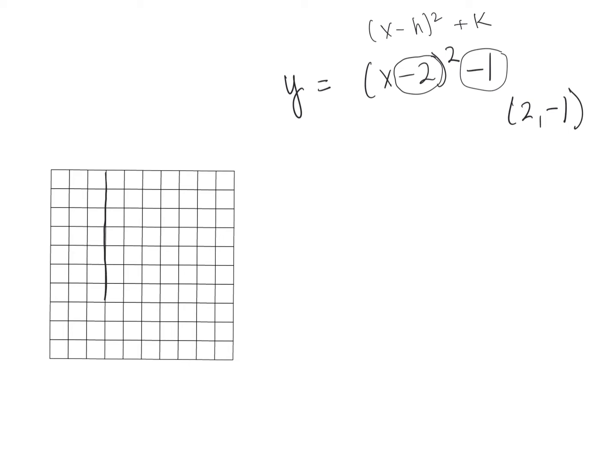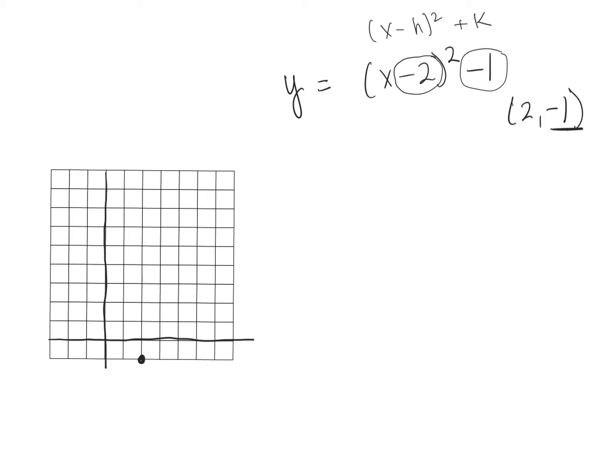I'm going to again offset my axis a little bit so I can see more of my graph. So I'm going to go over 2, down 1, right there.